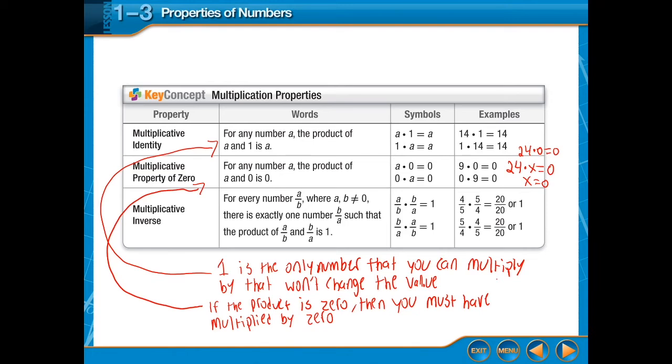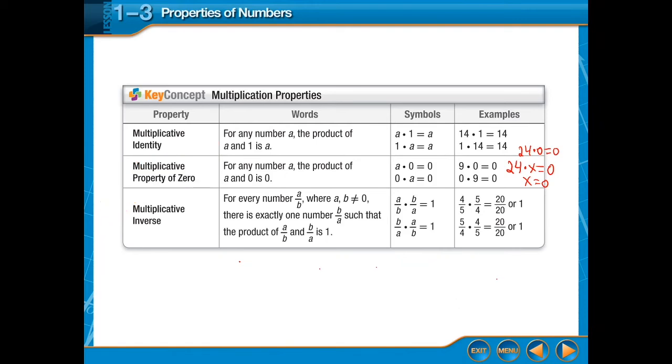The multiplicative inverse. For every number that's a fraction, there is exactly one number that's also a fraction, so that if you multiply them together, your answer will be 1. Multiplicative inverse says, no matter what, say you have the number 20. Well, that number 20 is the same thing as 20 over 1.